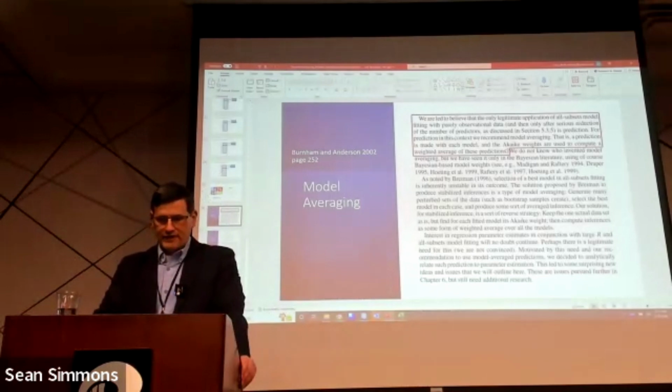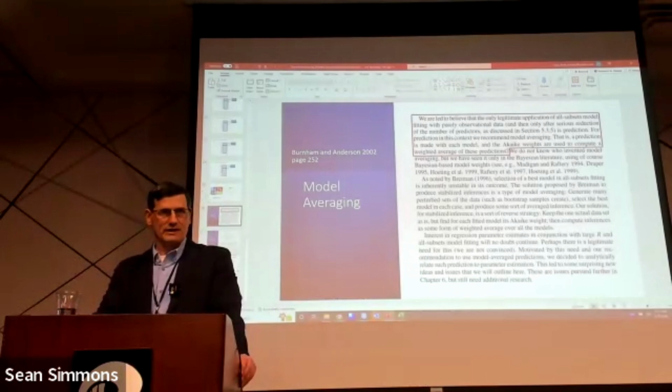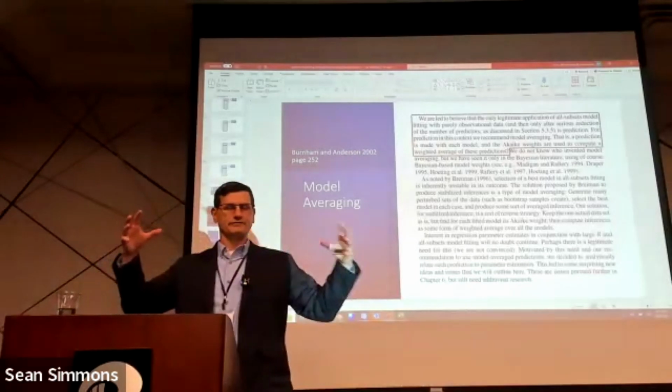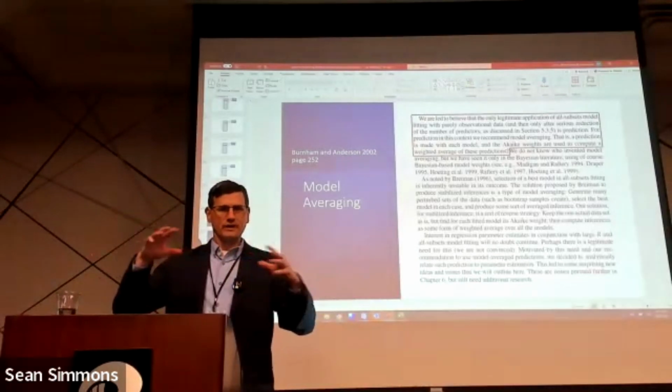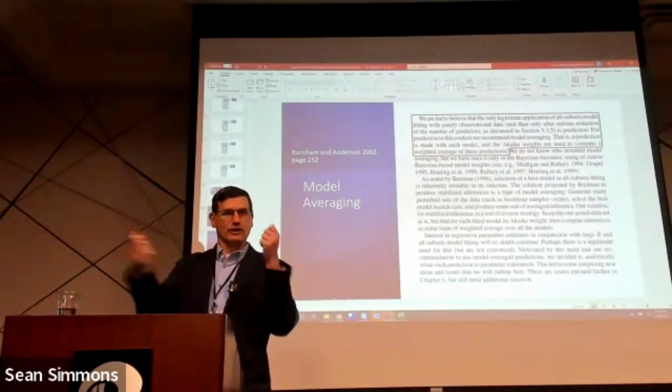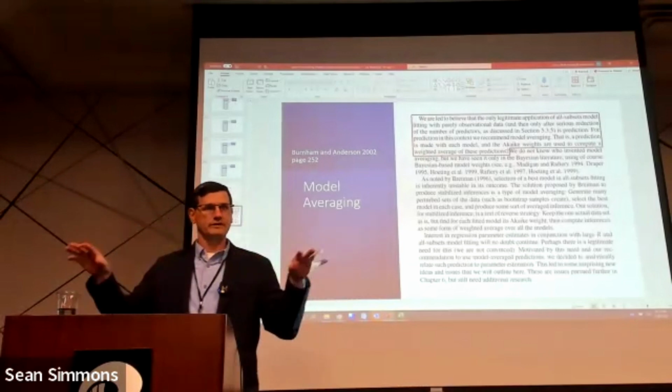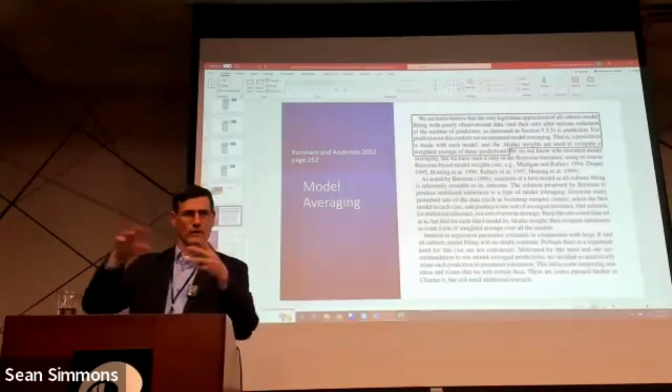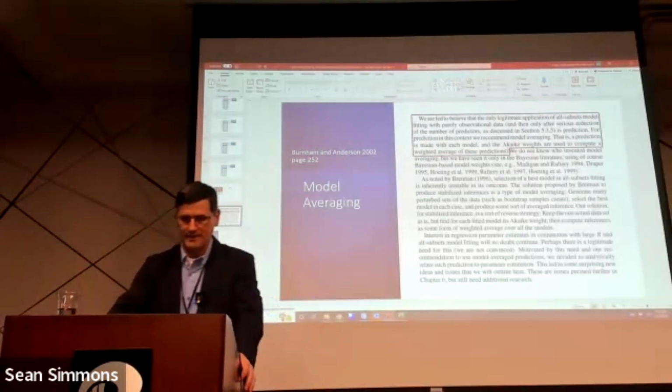We are led to believe that the only legitimate application of all subset model fitting, so this is, you've got a bunch of models with a number of potential covariates, and you're going to look at all possible subsets of all the different covariates that you can throw at it, including the quadratics and interactions and all that.